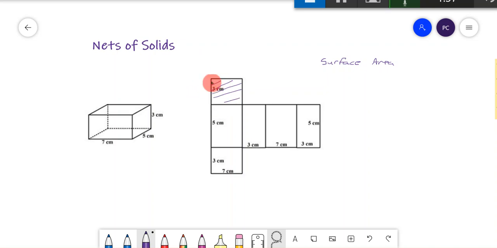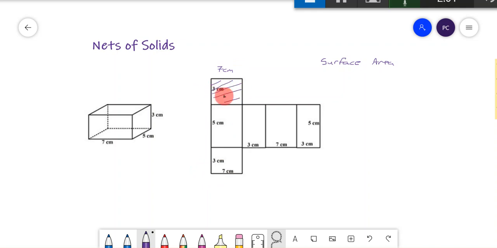For example, area is going to be length by width. Taking just this piece here, we can see that it has a width of 7 centimeters, and this length is 3 centimeters.